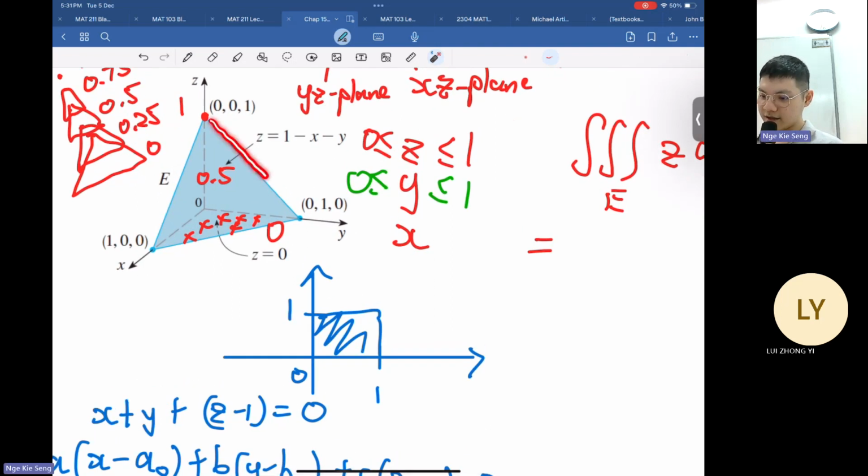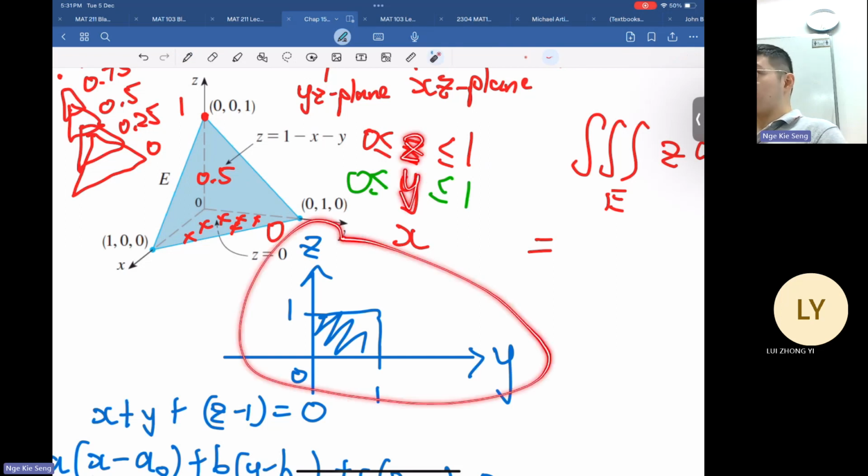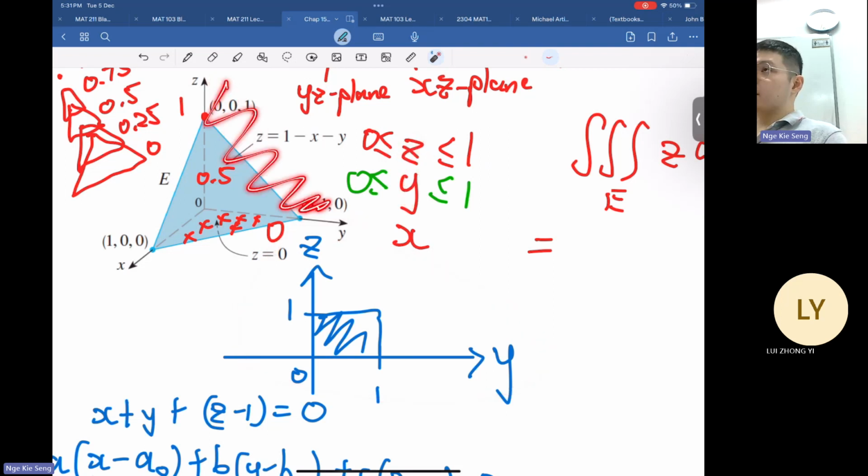Look at this guy here. So what's this slanted line here? At the ZY plane, right? When we want to determine y from z, we look at the ZY plane. So at the ZY plane, what happened?